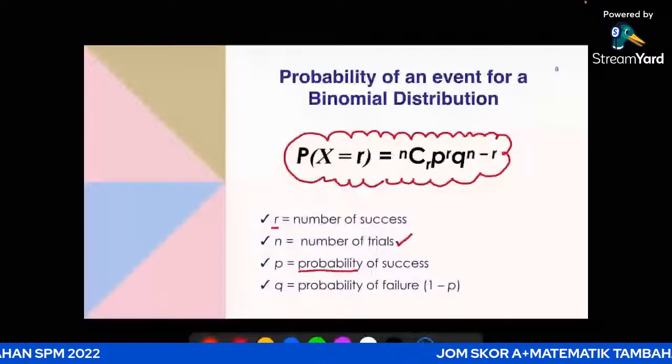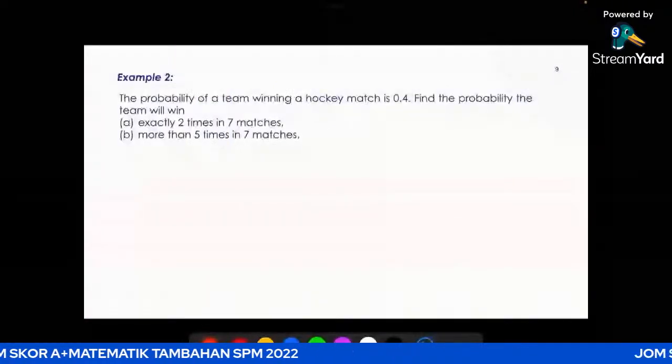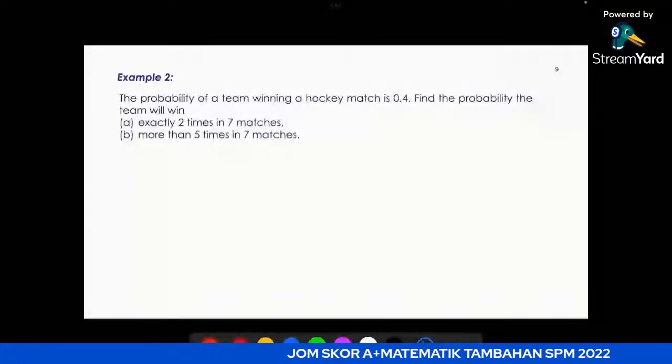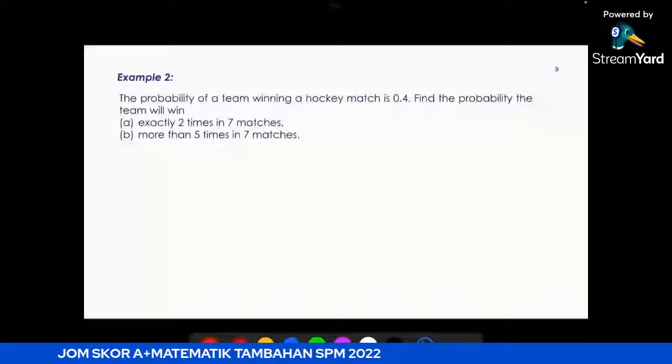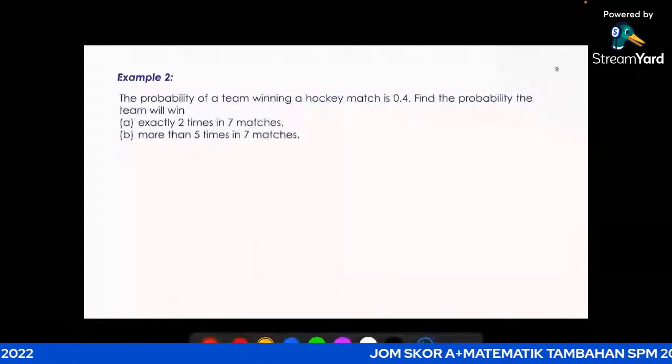Okay, we go to the example here. Example 2. You are given the sentence here: the probability of a team winning a hockey match is 0.4. Whenever we have this kind of questions, kita kena tengok setiap words tu, they represent what.